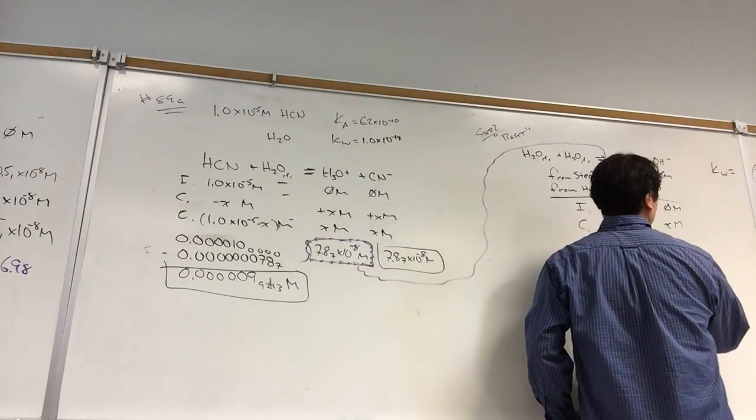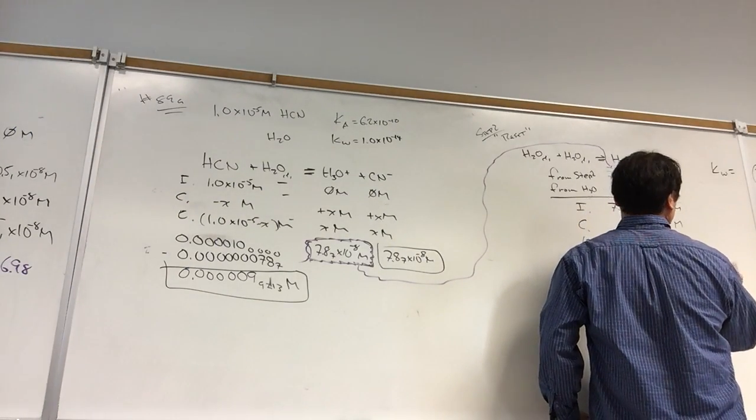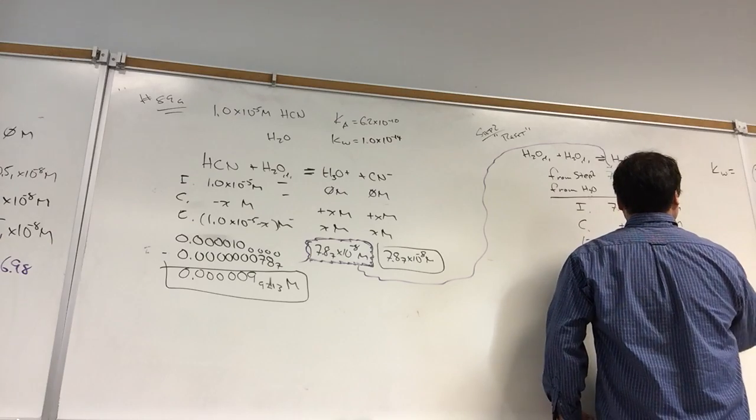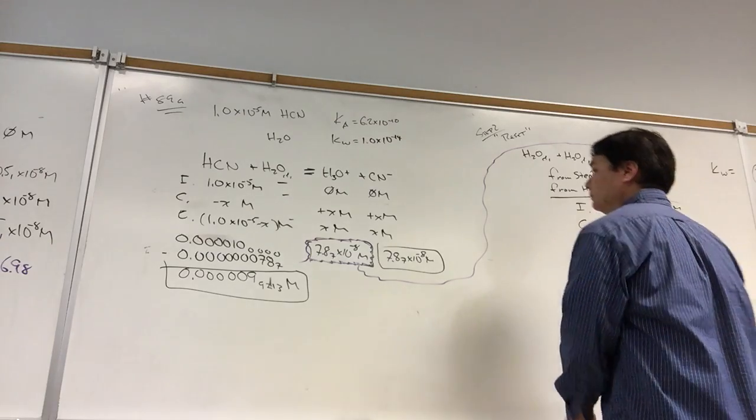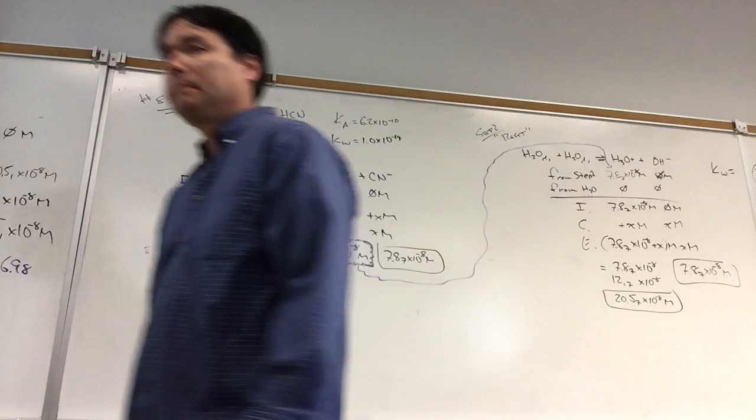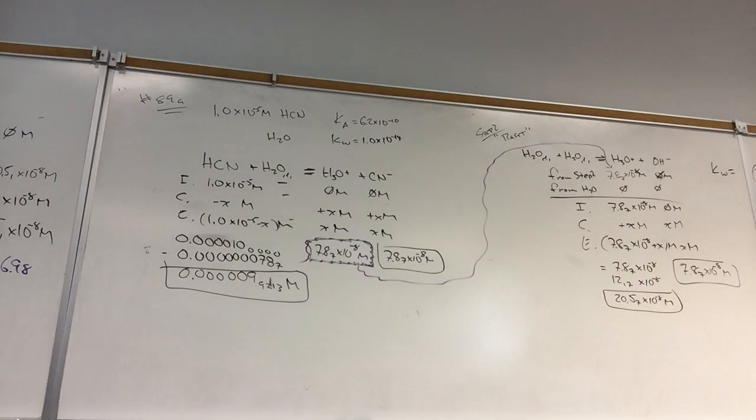For the first step, for how you got the hydronium concentration, why didn't you just straight cross multiply it out? What do you mean by cross multiply? Oh, why didn't I use a quadratic?